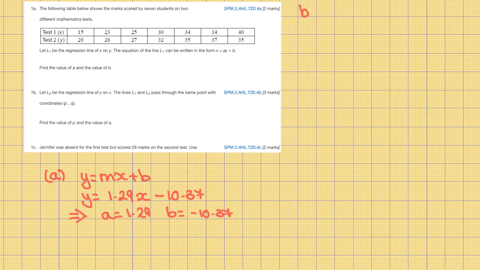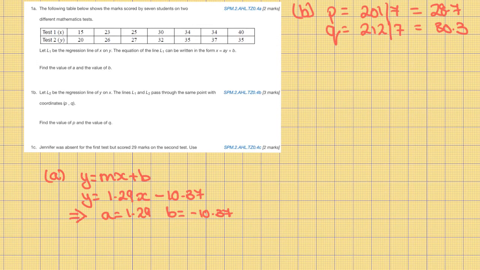So part B. P is equal to 201 divided by 7, which is equal to 28.7, and Q is equal to 212 divided by 7, which is equal to 30.3.